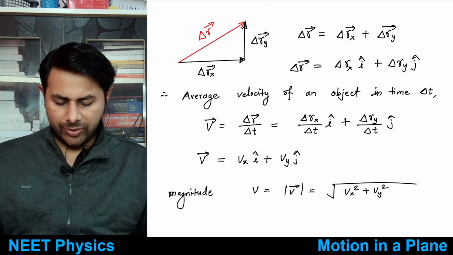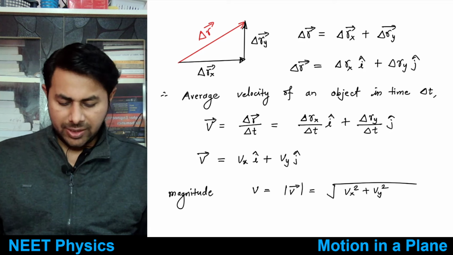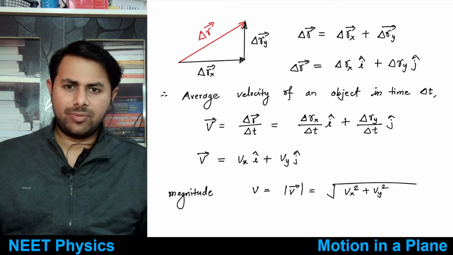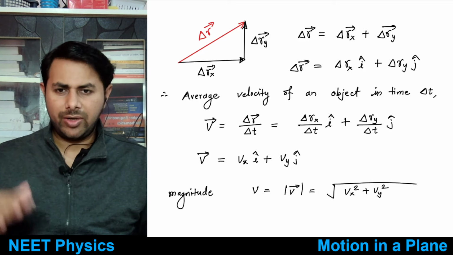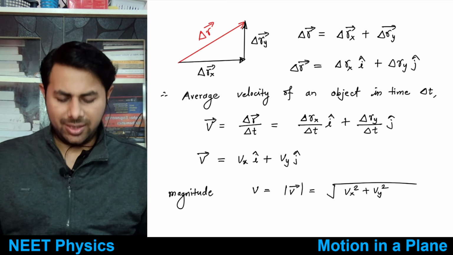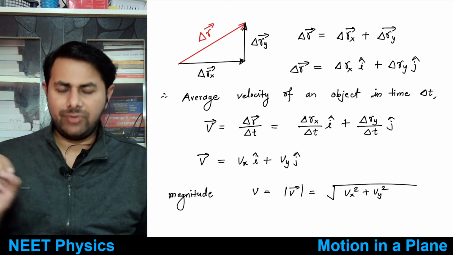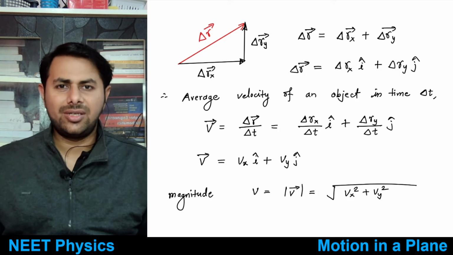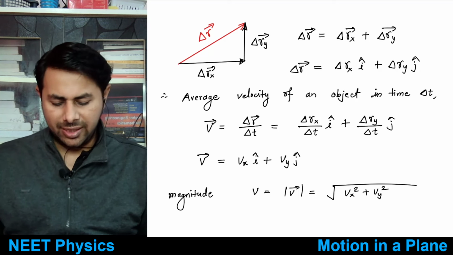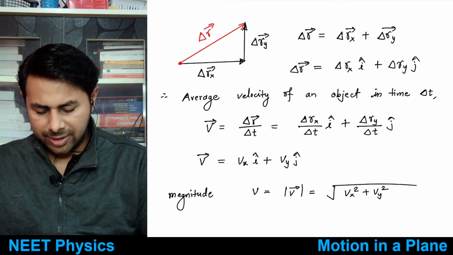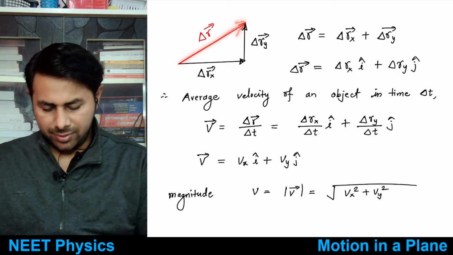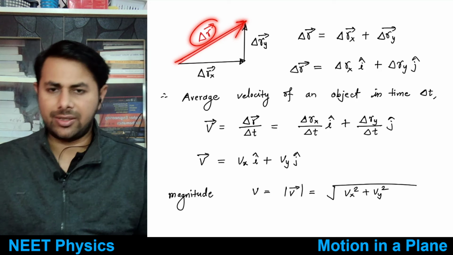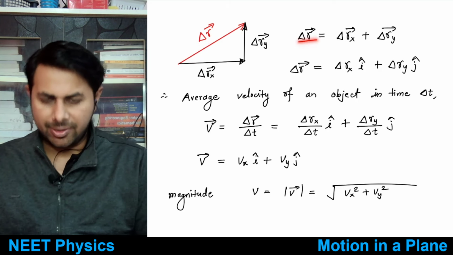Basically the whole idea of motion in a plane is that we can resolve this motion, and if it is motion in a plane, we can study it as two independent motions, one along the x-axis, one along the y-axis, right? Suppose this is your displacement vector, delta r bar.